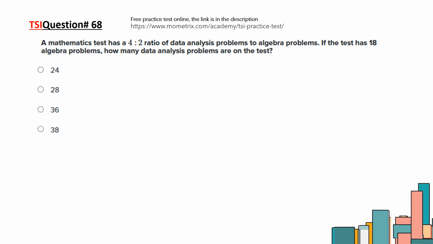So we have the ratio, right? This problem is a ratio, equality, or proportion, where you set one ratio equal to another ratio. We start with the 4:2 ratio, which is data analysis problems to algebra problems.